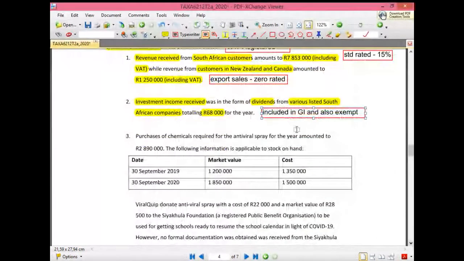Then they tell you the antiviral spray purchased for the year amounted to 2.8 million. And then they give you the stock on hand, the market value, and the cost. Now, why are they giving you this information?